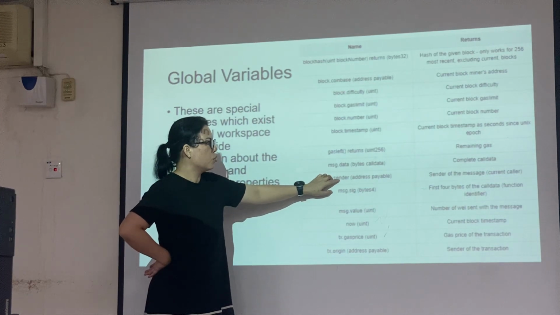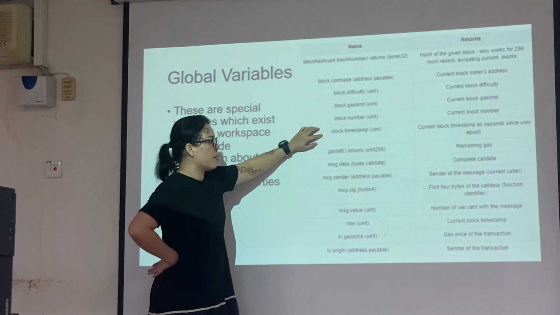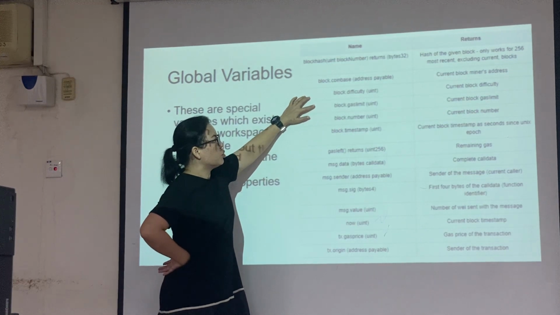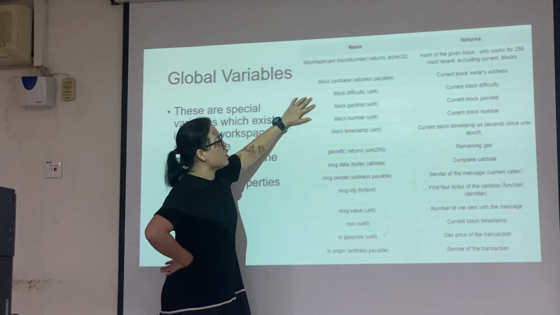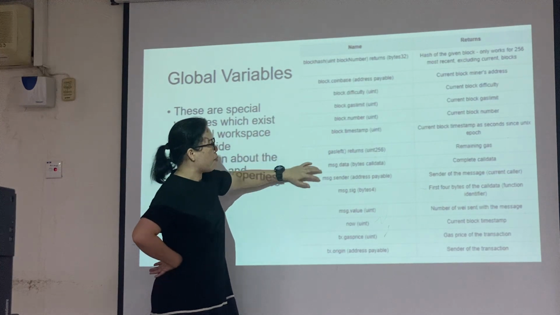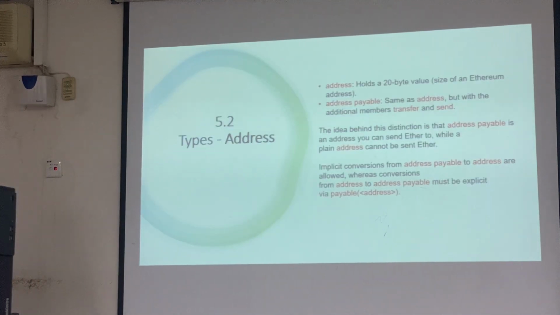We will look at that and use it. And then we are using block.timestamp. Okay? If you wanted the current block number, you can retrieve it. You can also look for the block gas limit, and the block difficulty you can retrieve. All these, we will use some of them in this list.